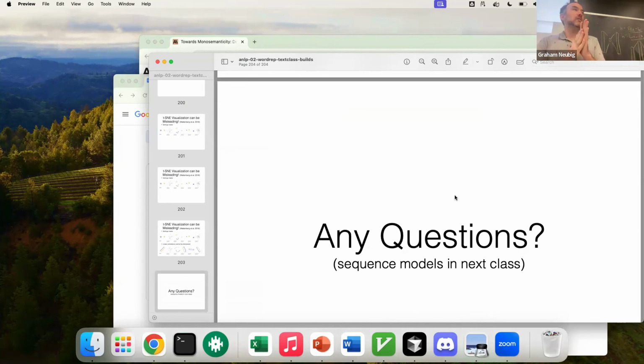Oh, yeah, sorry, the AWS quiz. I'm going to tell you about 2 pieces of compute credits that you get as part of this class. The first one is you will get up to $150 in AWS credits. AWS credits are good mostly for getting GPUs if you want to train a model.